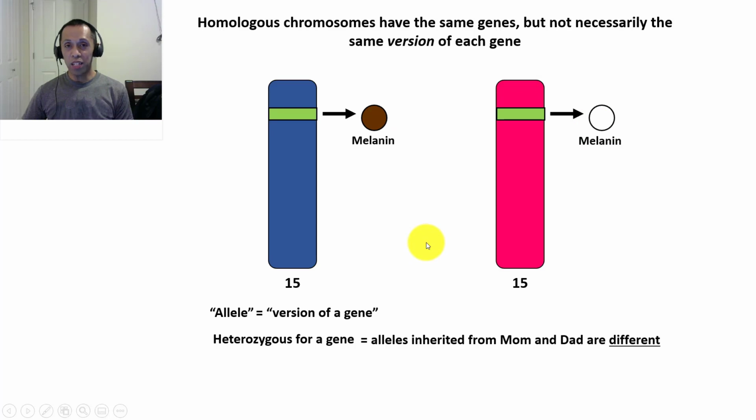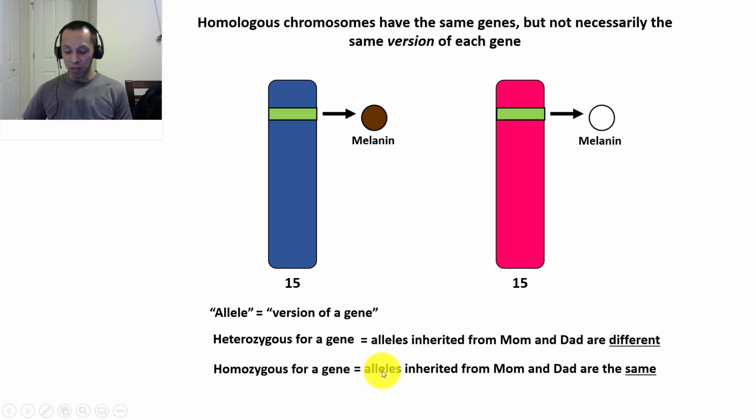The other option, besides being heterozygous for a gene, is being homozygous for a gene. So this prefix homo means the same. So if someone is homozygous for a gene, it means that the alleles that they inherited from mom and dad are the same. So if someone is homozygous for the melanin gene, then here's what you would see. Here's one option for what someone would look like with their chromosome number 15.